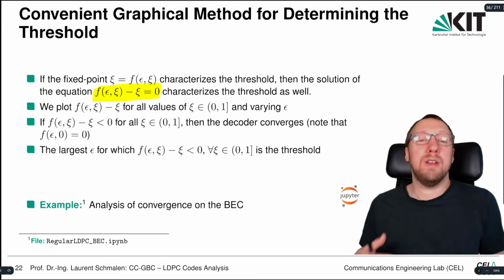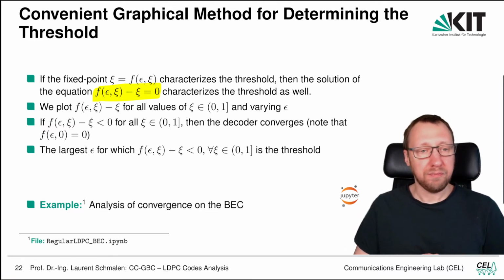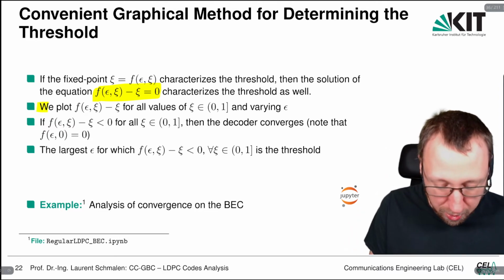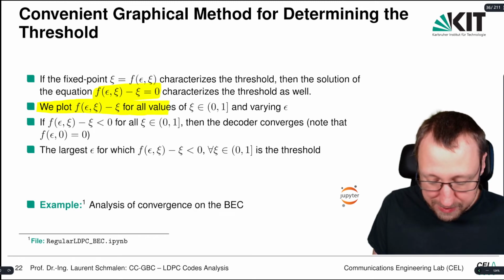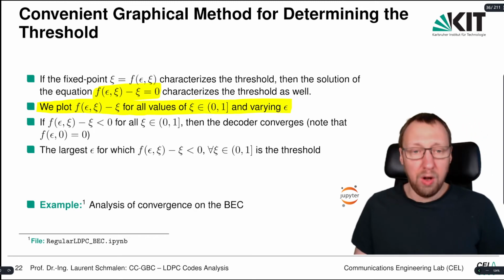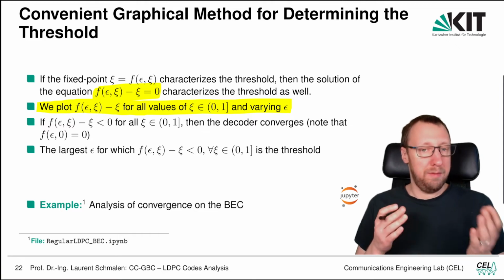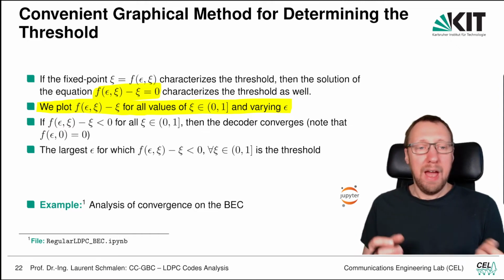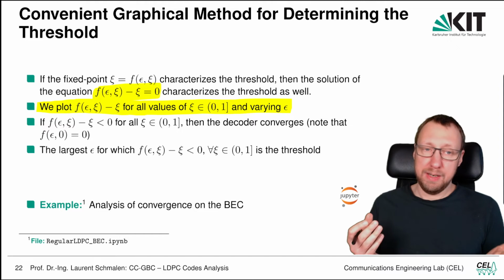That's a different characterization of the fixed point. So we plot f of epsilon c minus c for all the values of c between 0 and 1, and we check if this expression is equal to 0.